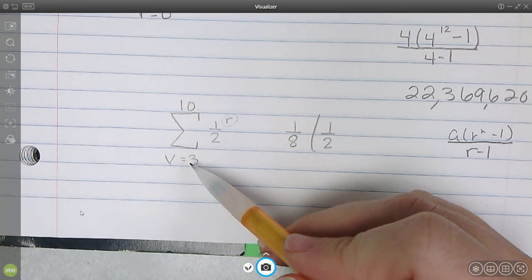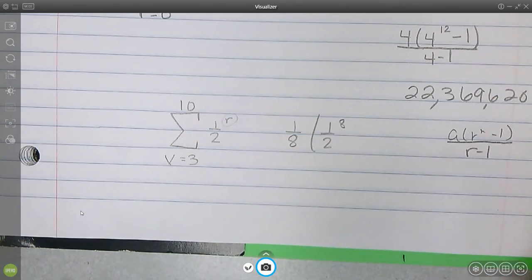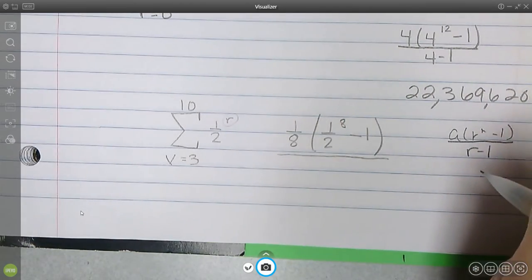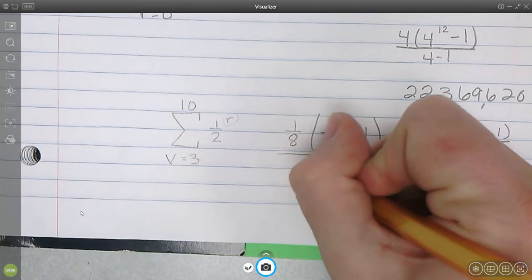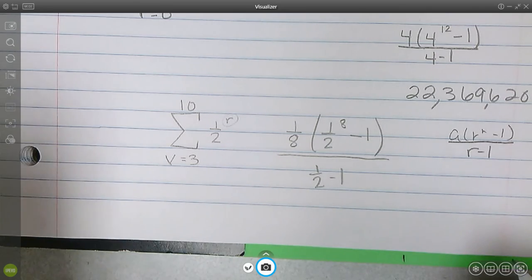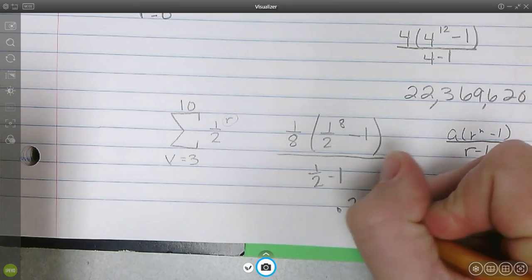You subtract these, you get 7, but you have to add 1, so that's 8. Power of 8, and then minus 1 over r, which is what you're multiplying by, minus 1. I'll put that in my calculator, and I got approximately 0.25.